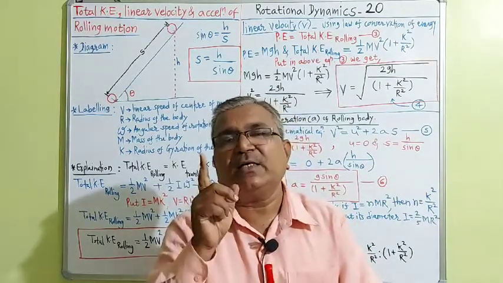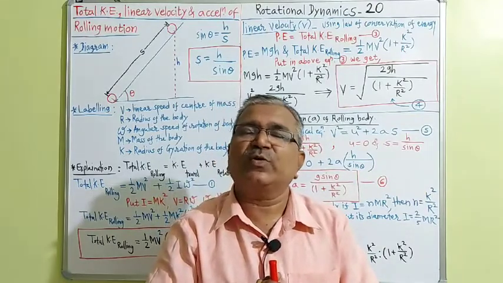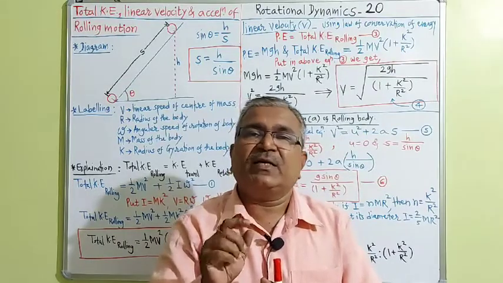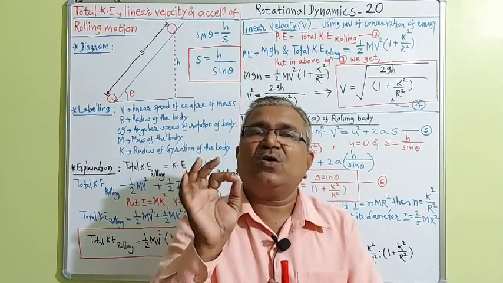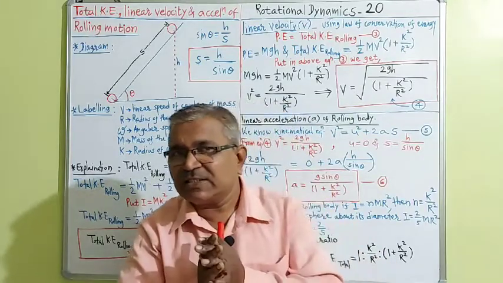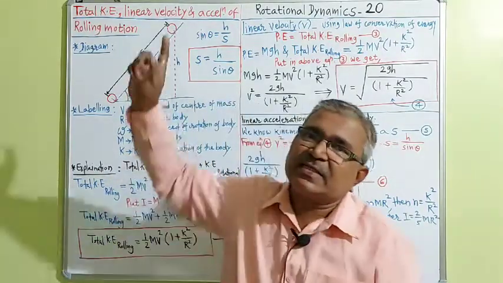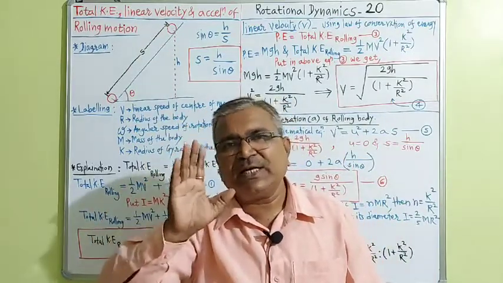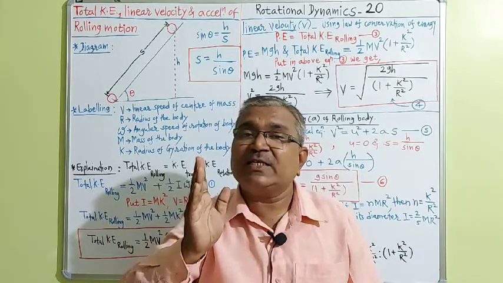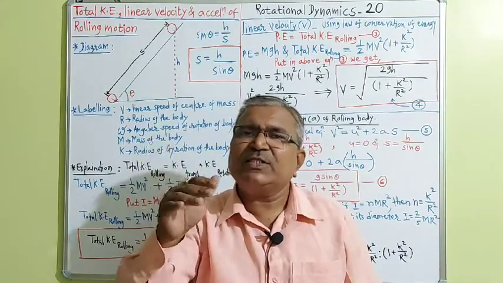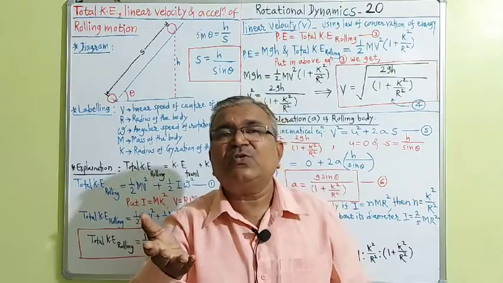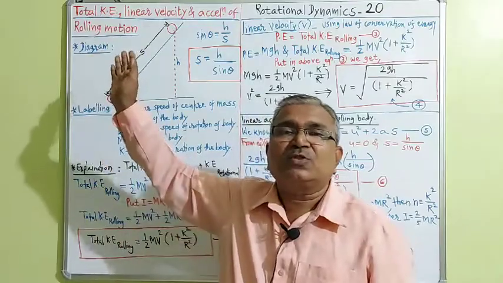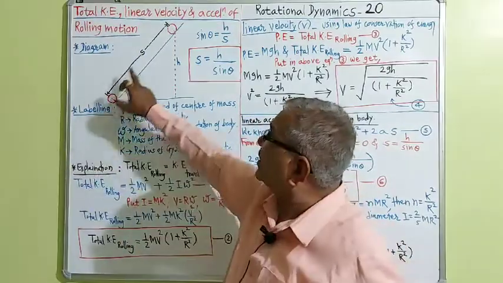To calculate linear velocity of rolling motion, dear student, remember well, I will repeat again, we have to use law of conservation of energy. When the body is raised at top, at that time body has full of its potential energy, and that potential energy is equal to mgh, which starts converting into rolling kinetic energy when it starts rolling from top to bottom, making a displacement s.